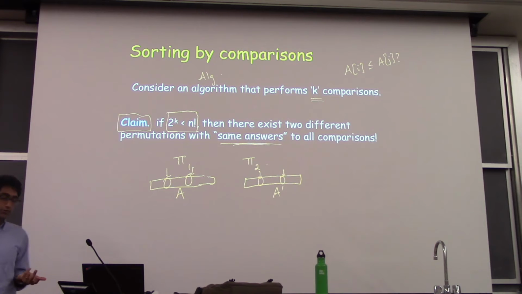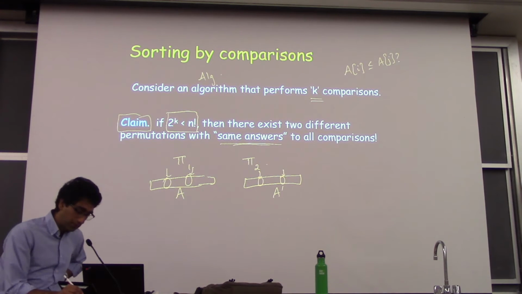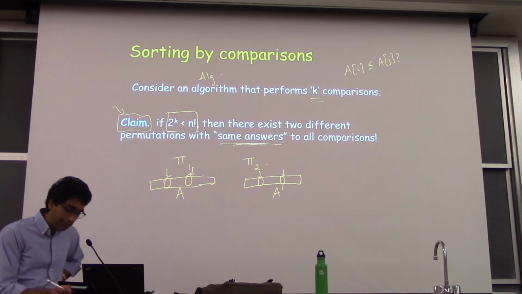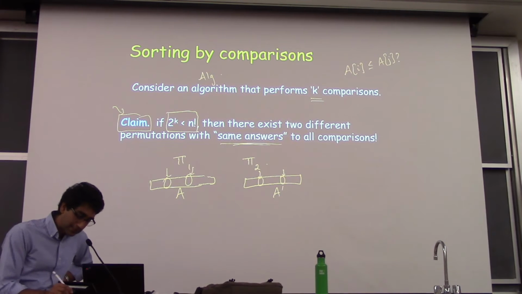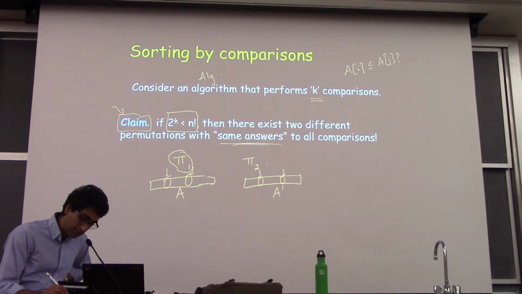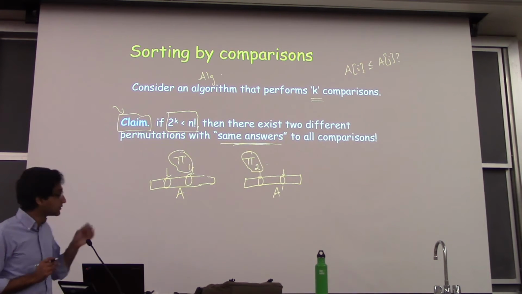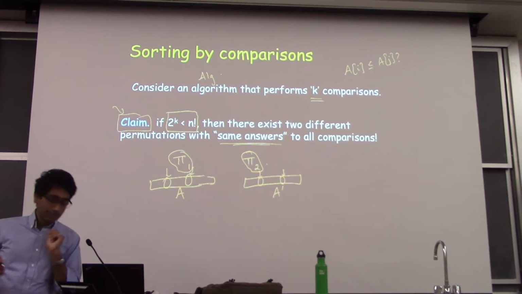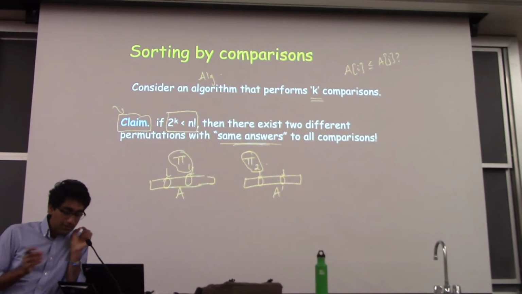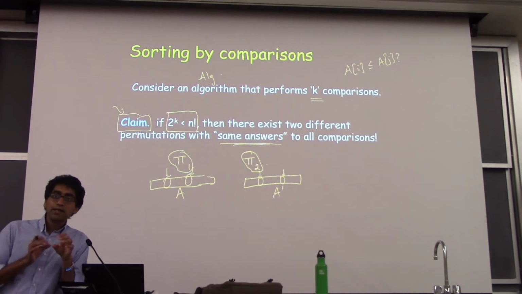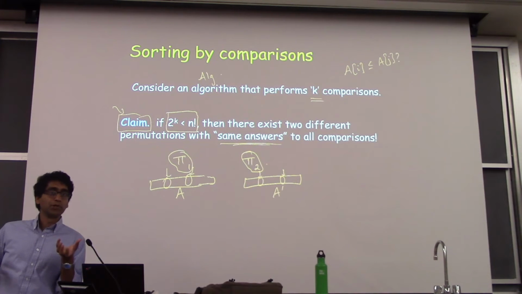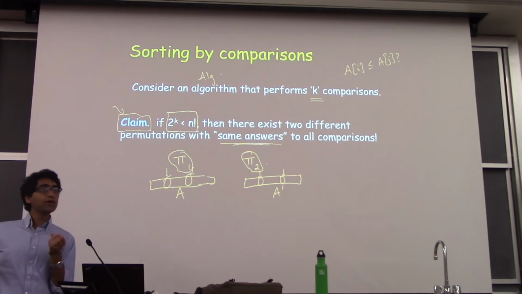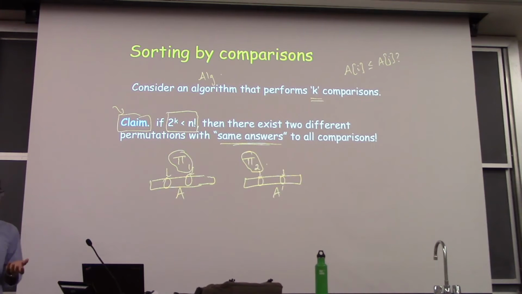So this is actually quite simple. So we start with these two permutations, which have the same set of answers. If the algorithm only does k comparisons, it gets the same answers for both permutations, so its behavior on both is exactly the same.